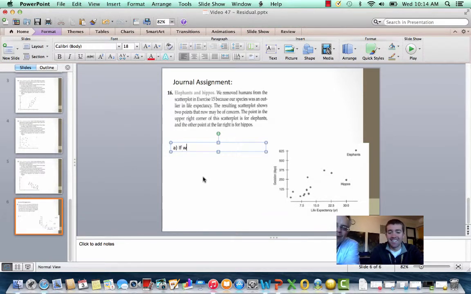If we remove elephants from the data, will the correlation increase or decrease? And B, same thing: if we remove the elephants, will the slope increase or decrease?